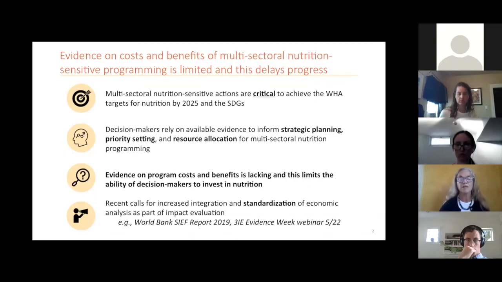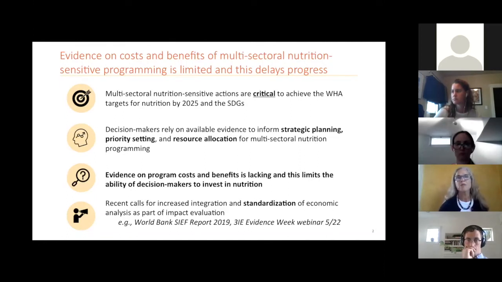For example, evidence on cost and cost effectiveness of marketing and certification programs, or the pricing of healthy foods, or efforts to create demand for healthy, nutritious diets. Moreover, the transparency and standardization of methods has been poor, resulting in a lack of comparability. So as we start to generate new information, we are eager to provide guidance for high quality, transparent information.